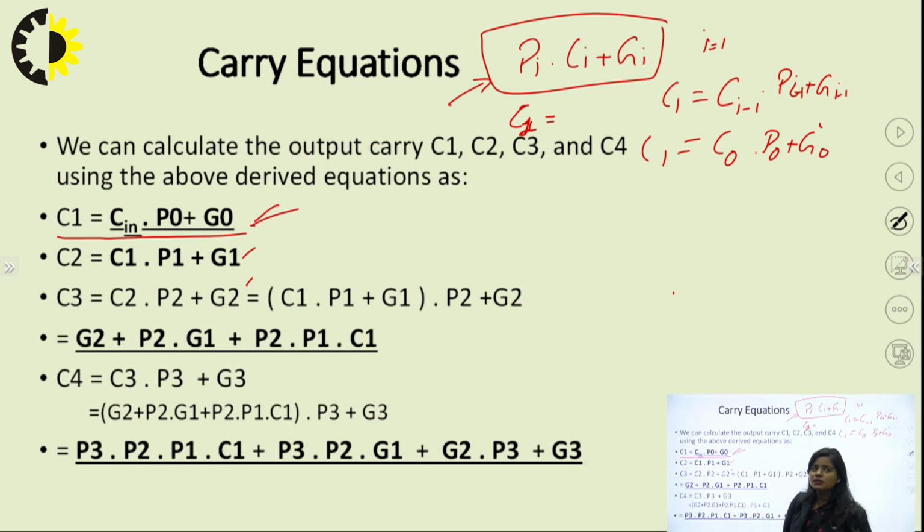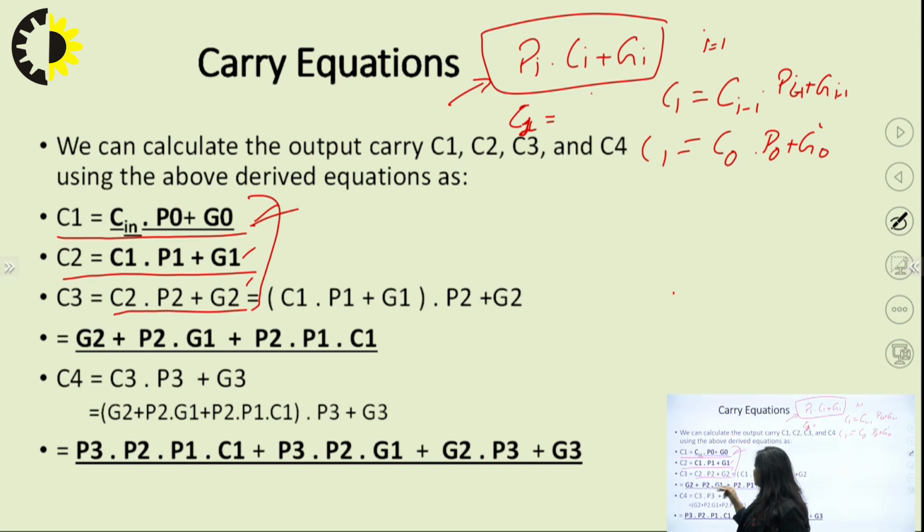Again, for C2, it is nothing but the value of Pi dot Ci plus Gi, and I am incrementing the value of i. So for C2, I have C1 dot P1 plus G1. Again, C3 is equal to C2 dot P2 plus G2. So now we have a summarized value for C1, C2 and C3.